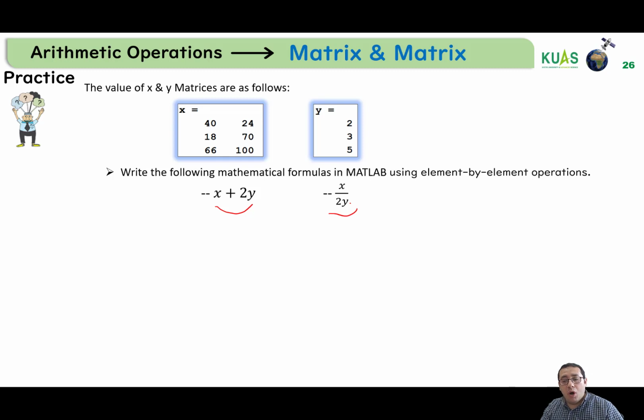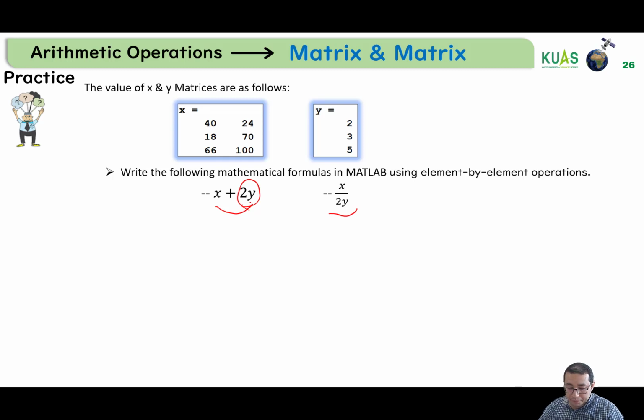So in X plus 2y, the 2y is a scalar multiplied by the vector y, and X plus 2y is a matrix plus a vector. For the second one, X divided by 2y, 2y is still a scalar multiplied by a vector, and X divided by 2y is a matrix divided by a vector.